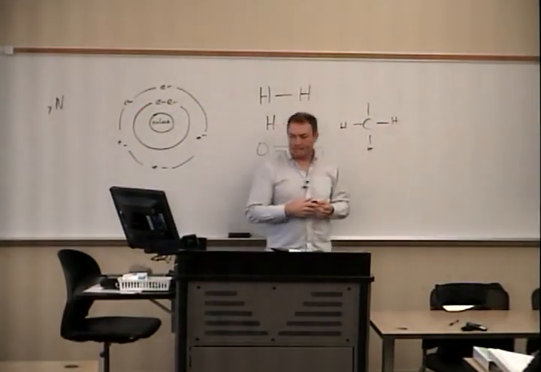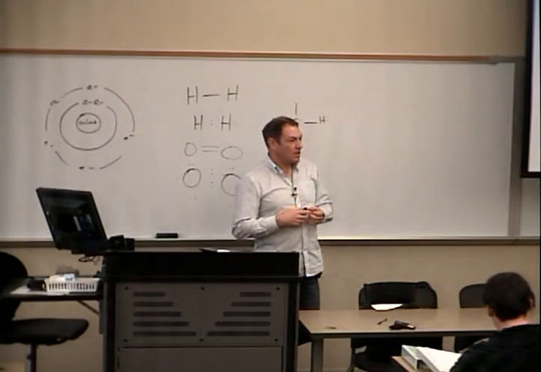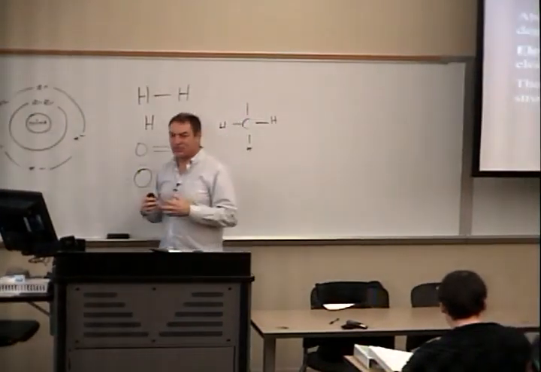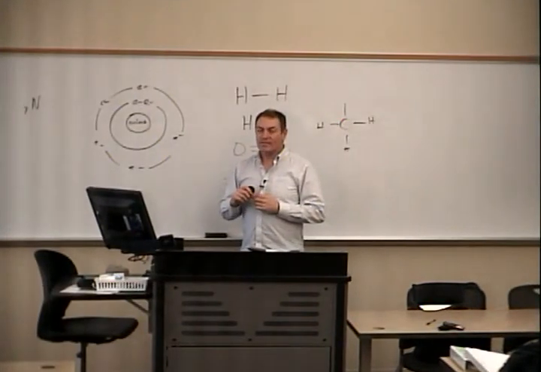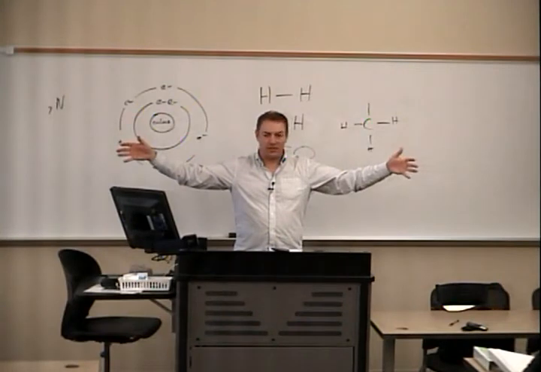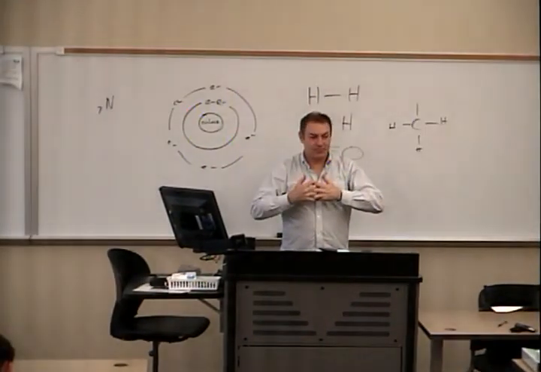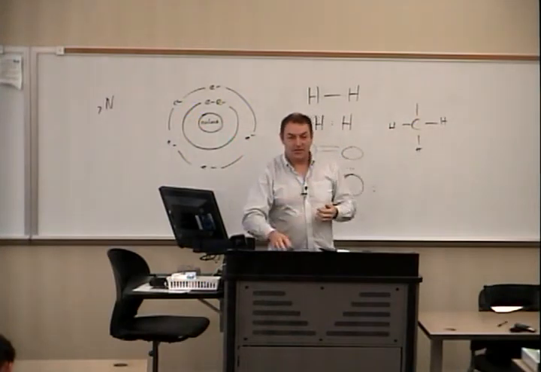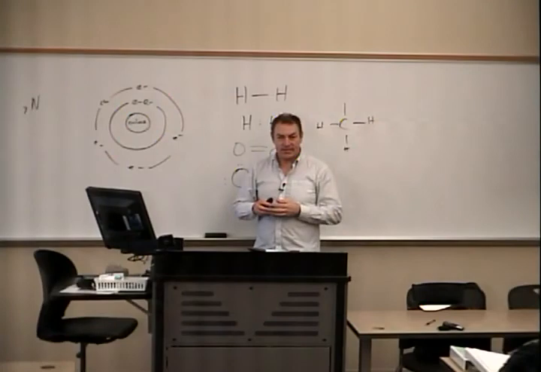Okay. Now, atoms in a molecule attract electrons to varying degrees. When electrons are shared, it's because there's an attraction of atoms for those electrons in the other atoms. The degree of attraction between atoms varies.